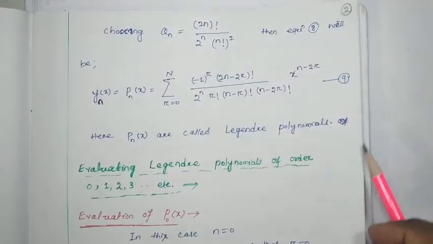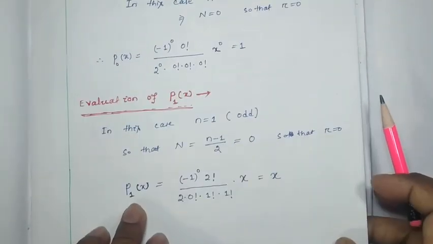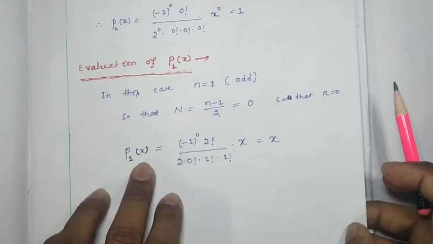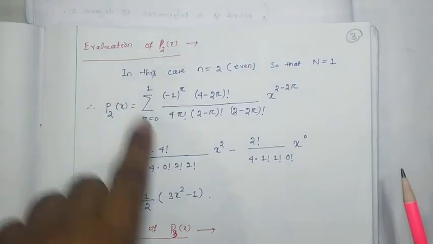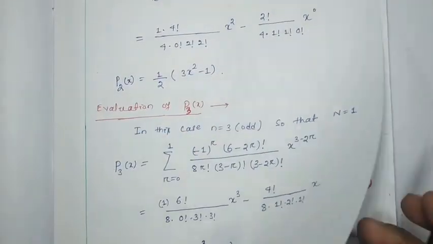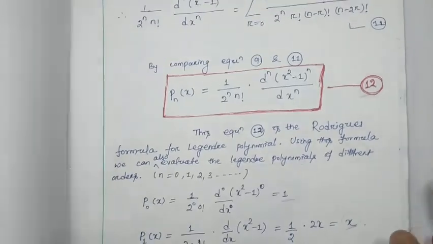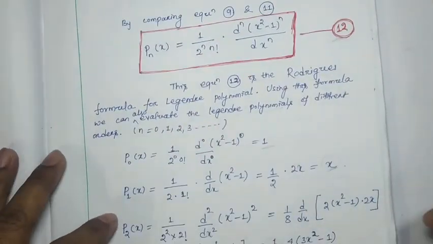From the general equation also we found P0(x) equal to 1, the first order Legendre polynomial P1(x) equal to x, and P2(x) equal to half (3x square minus 1). So either this way or by using the Rodrigues formula, you can find Legendre polynomials.